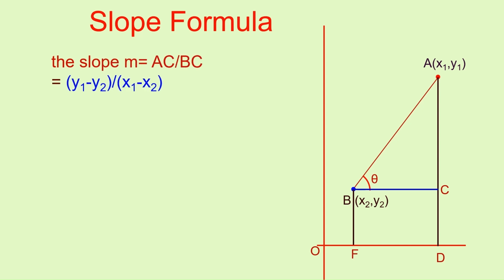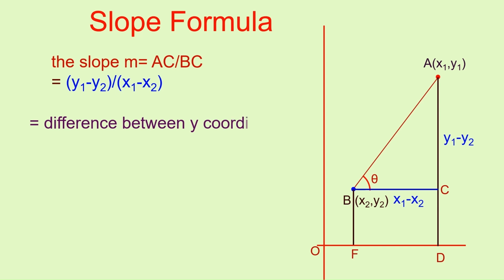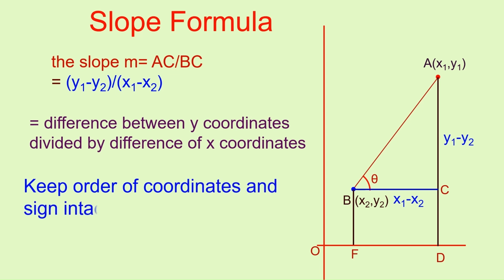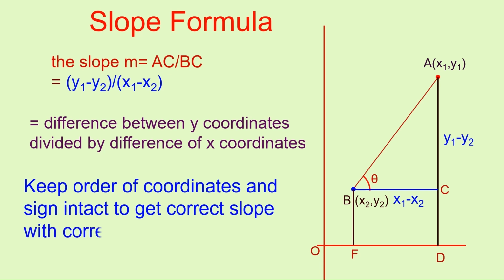That equals the difference between y coordinates divided by the difference of x coordinates. It is important to keep the order of coordinates and sign intact to get the correct slope with the correct sign.